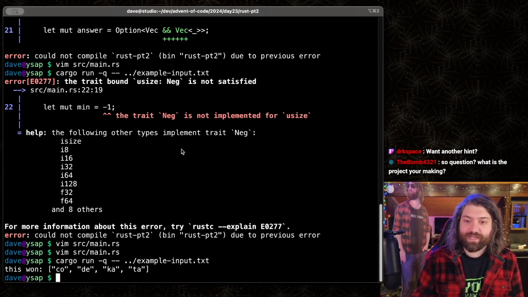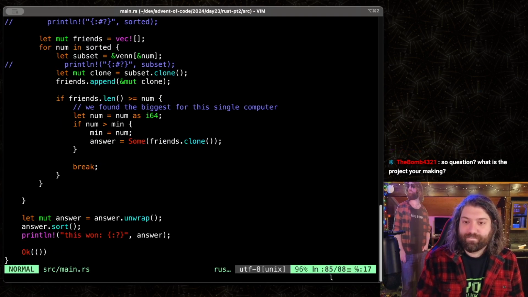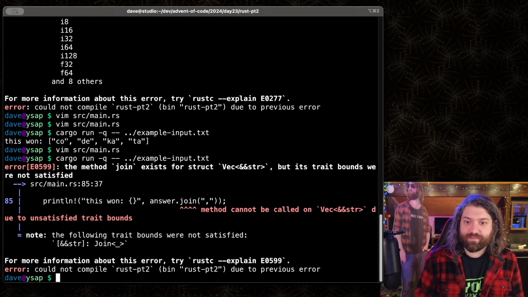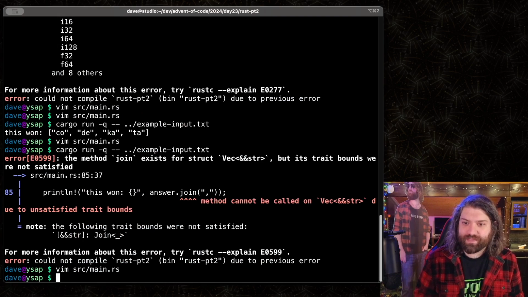Kodikata. Kodikata. That's the answer. We got it. And in order to format it, we just join it by commas. Or apparently not. What does this give us?